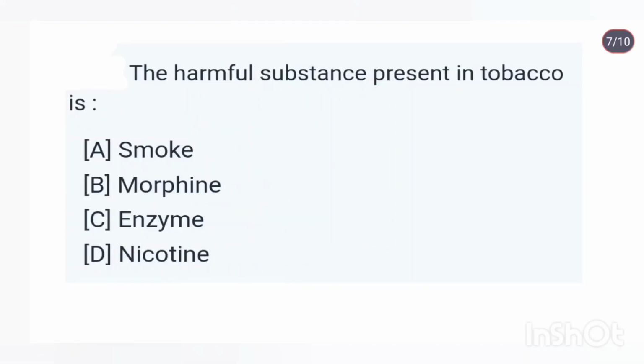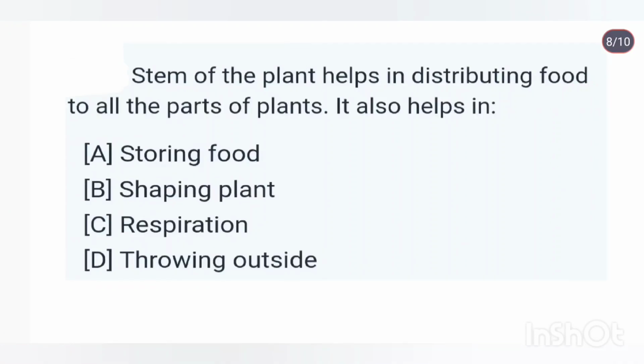The harmful substance present in tobacco is nicotine. Stem of plant helps in distributing food to all the parts of plants. It also helps in storing food.